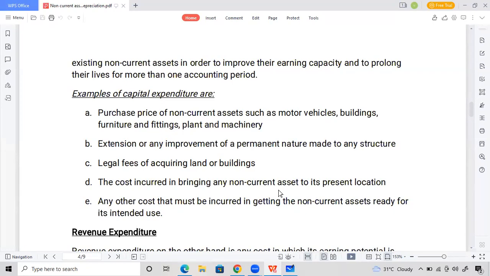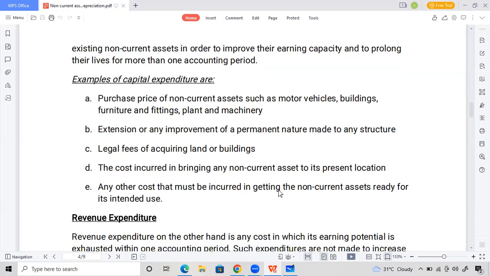Extension or any improvement of a permanent nature, the legal fees, the cost of acquiring or bringing a non-current asset to its present location, any other cost that must be incurred in getting the non-current asset ready for its intended use, so that it will be ready to use.